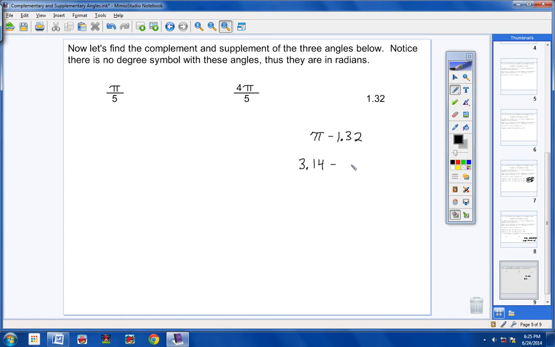So I'm going to take 3.14 minus 1.32. And if you type that into your calculator correctly, you will get 1.82. All right? So 1.32 radians and 1.82 radians are supplementary, okay? 1.82 is the supplement of 1.32, or you could say 1.32 is the supplement for 1.82.